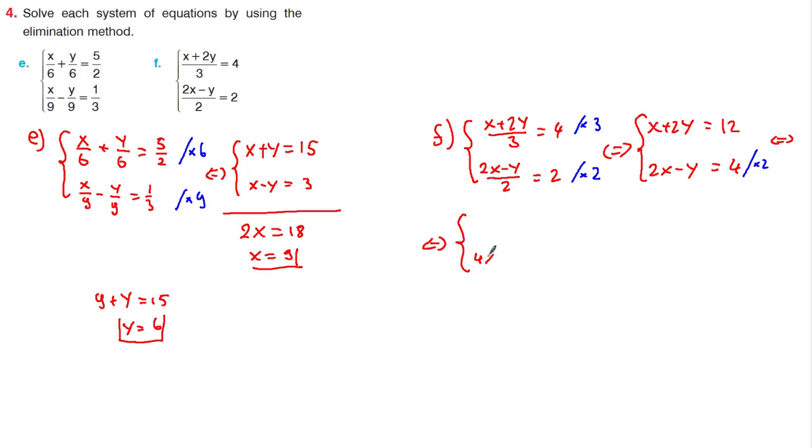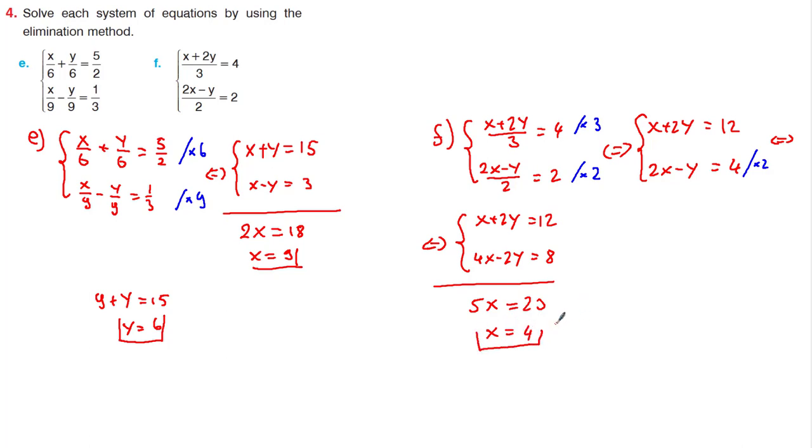We get 4x minus 2y is equal to 8, and x plus 2y is equal to 12. If we add these side by side, on the left side we get 5x is equal to 20. Divide both sides by 5, we get x is equal to 4.